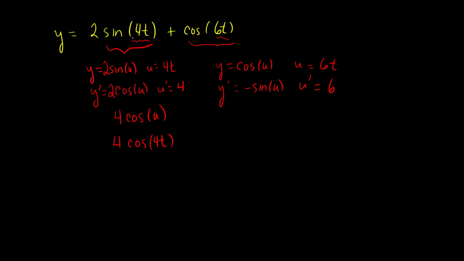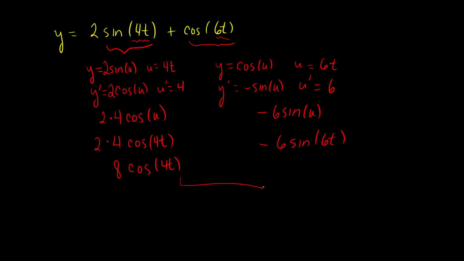It's okay, all I have to do is remember at the very end to multiply by 2. So that piece is 8 cosine 4t. And then over here I get negative 6 sine of u, negative 6 sine of 6t. So you put them all together and you get 8 cosine 4t minus 6 sine of 6t.